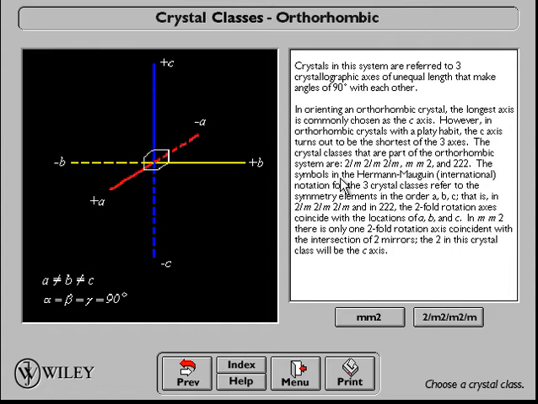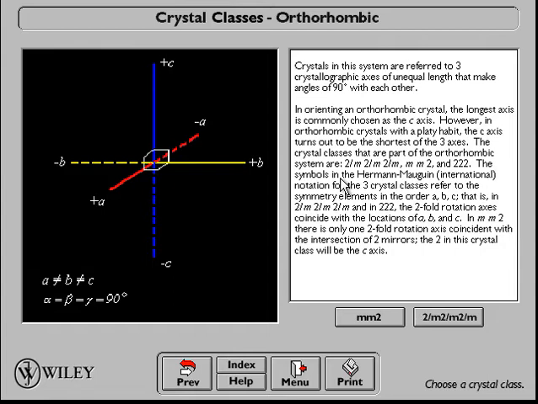The crystal classes that are part of the orthorhombic system are 2/m 2/m 2/m, mm2, and 222. The symbols in the Hermann-Mauguin international notation for the three crystal classes refer to the symmetry elements in order a, b, c.